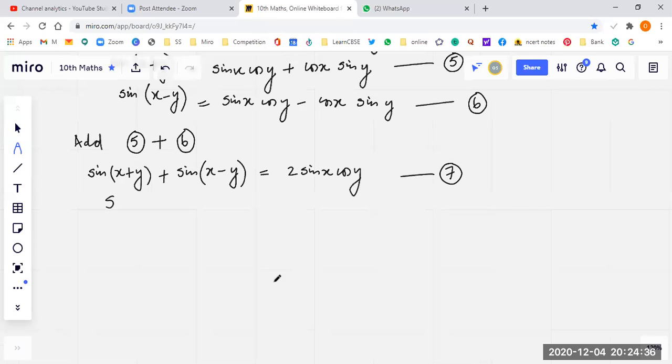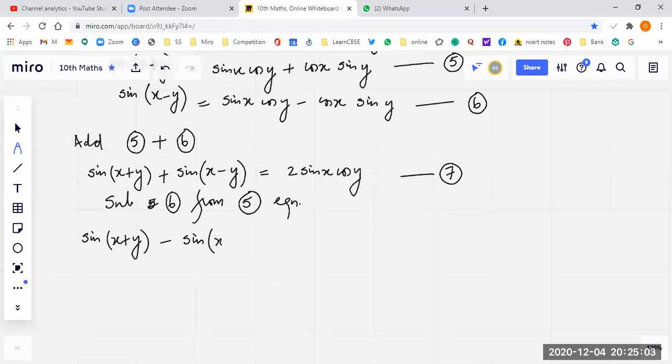Now subtract them. You can write 6 from 5, fifth equation. So what do we get? Sine of x plus y minus sine of x minus y would be equal to 2 cos x sin y.